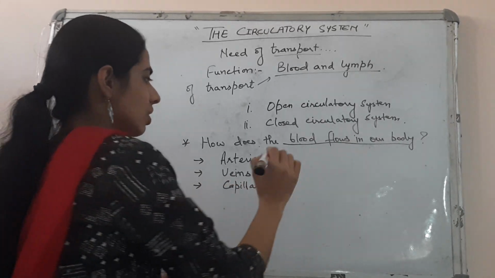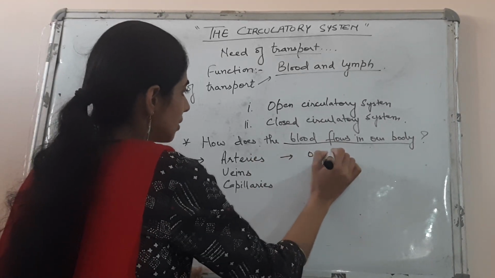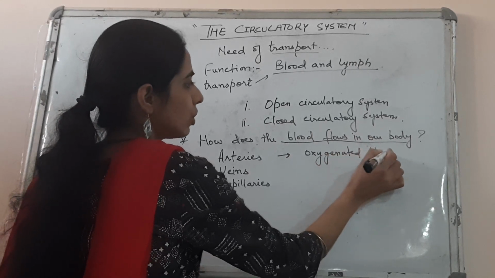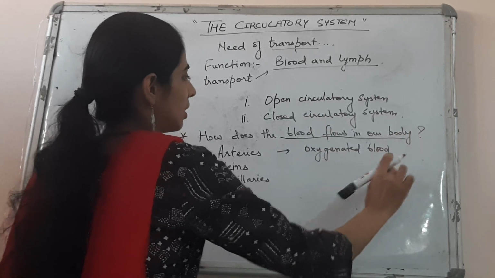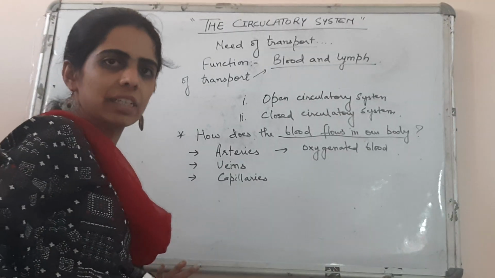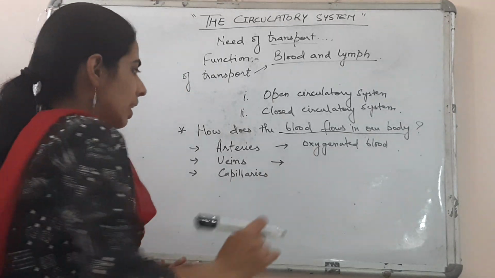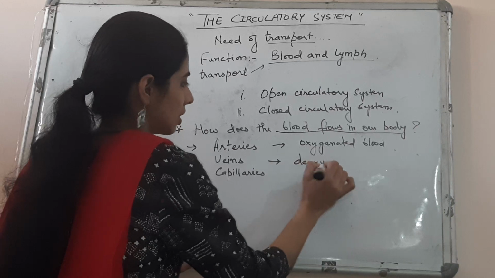Okay, so children, always remember the arteries carry oxygenated blood. Oxygenated blood, you can also refer to it as pure blood. It is generally red in color, which has oxygen. And the veins carry deoxygenated blood.